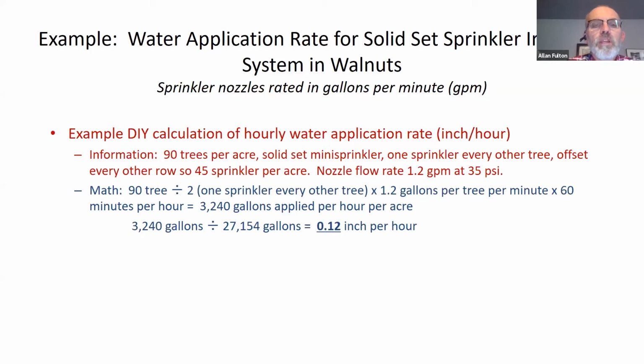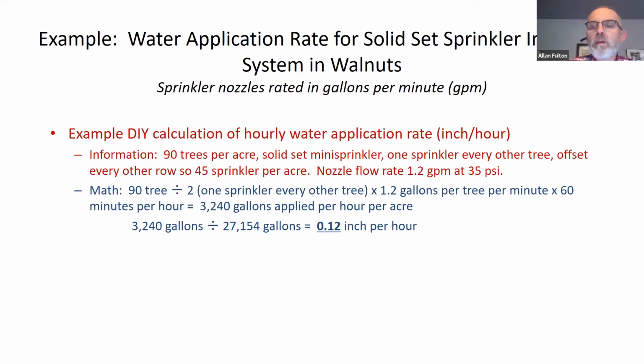To calculate by hand the water application rate, the math looks like this. You have 90 trees, you divide it by 2 because there's one sprinkler for every other tree. You then multiply by 1.2 gallons per minute because that's the flow rate rated for the nozzles at that operating pressure.